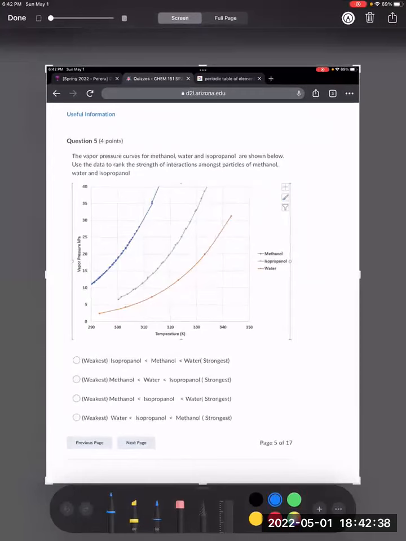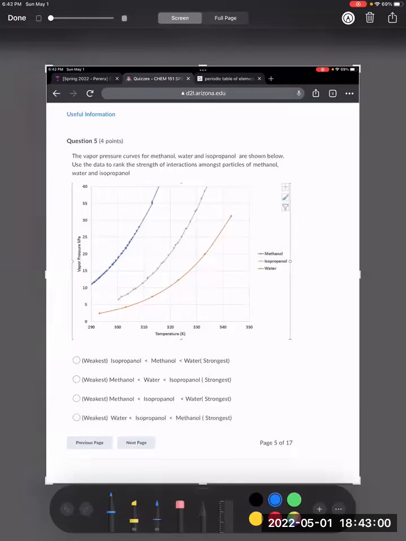The vapor pressure curves for methanol, water, and acetone are shown below. Use the data to rank the strength of interactions amongst the particles of methanol, water, and isopropanol. So the idea is, the stronger the attractive interactions, the stronger the intermolecular forces, the lower the vapor pressure.